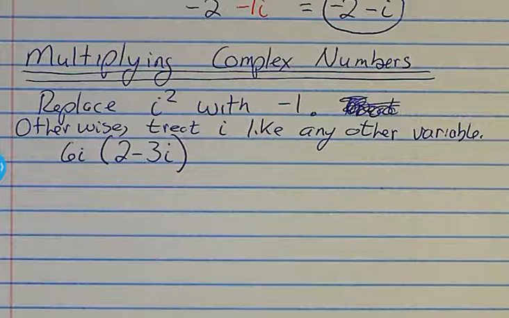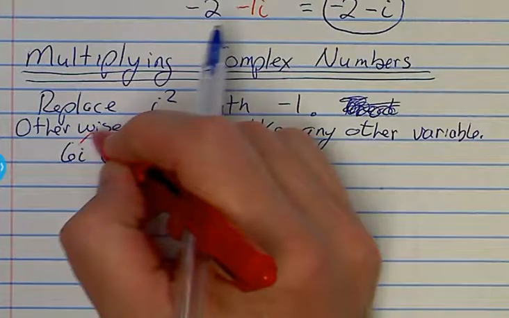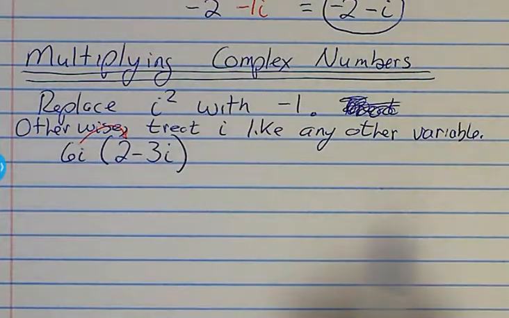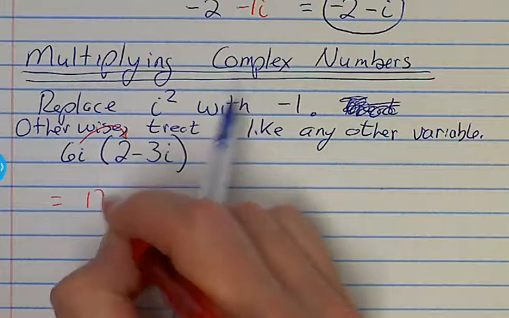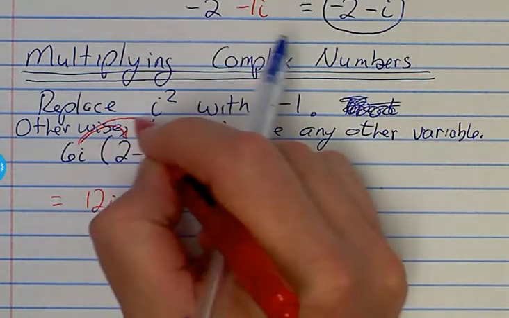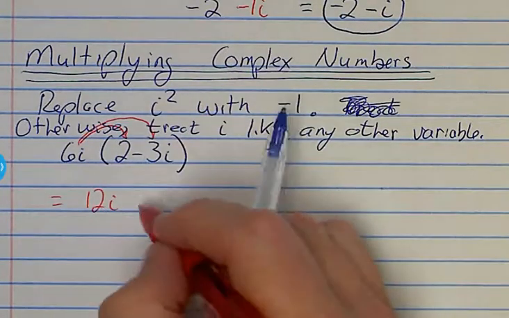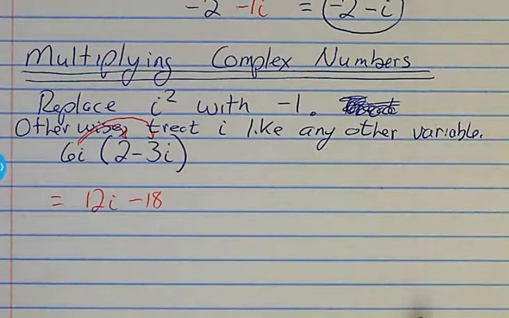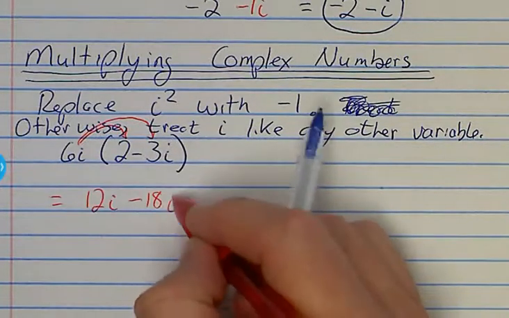Other than the i squared with negative 1, you don't worry about anything else. If you have just an i or just a number, you treat that just like anything else. The only thing you look for is if you have i squared. Now, you will not have i squared when you start. As you work through it, you'll get there. So for this one, if you do 6i times 2, that's 12i. If you do 6i times 3i, that's going to be a negative 18, and when you do i times i, that's when you're going to get i squared.